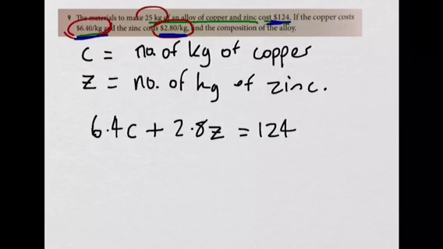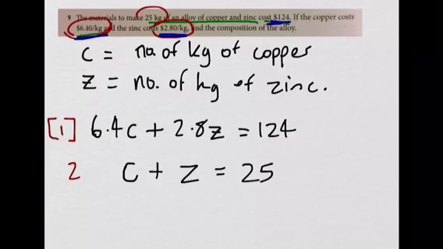That one's pretty easy. The total number of kilos of copper plus the total number of kilos of zinc equals 25 kilograms all up. So that's equation 1. Equation 2. Hopefully I haven't made any errors in these.